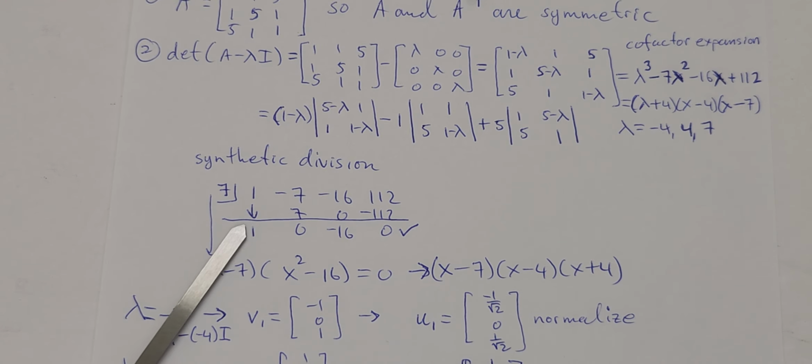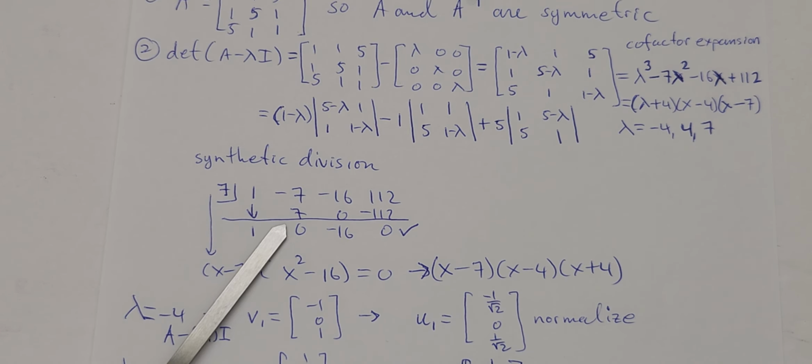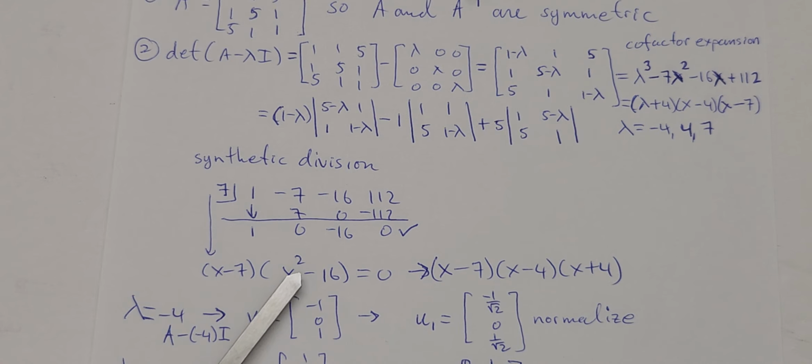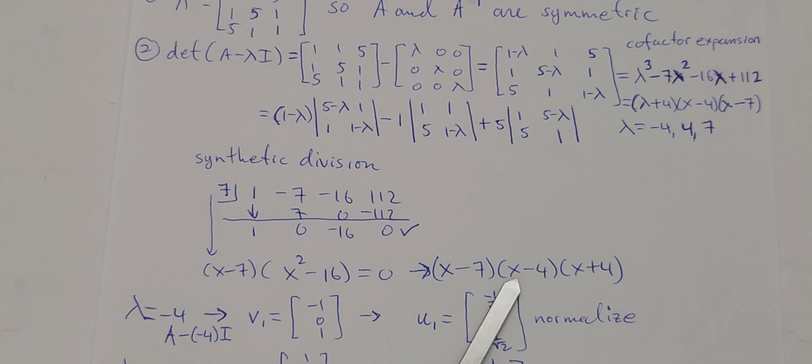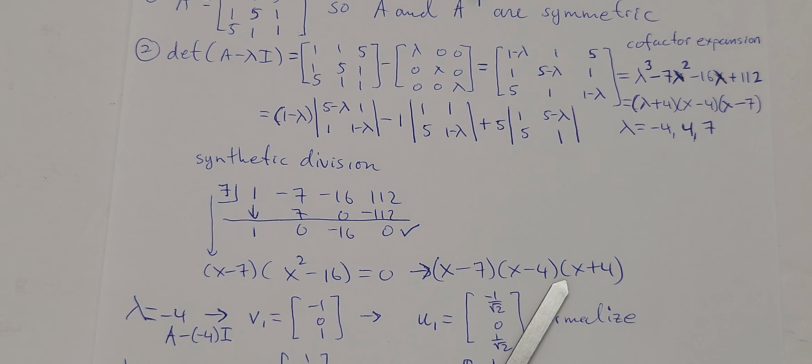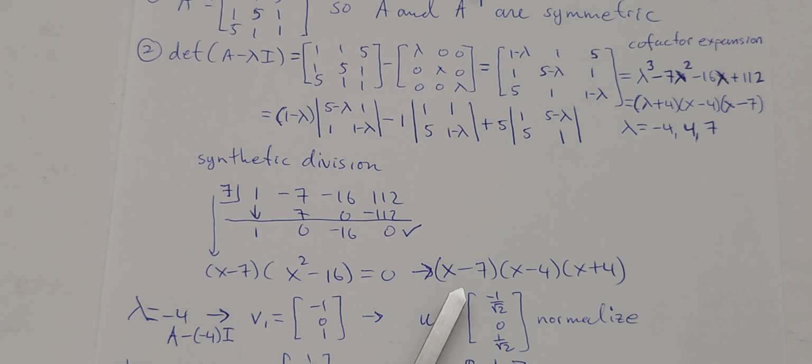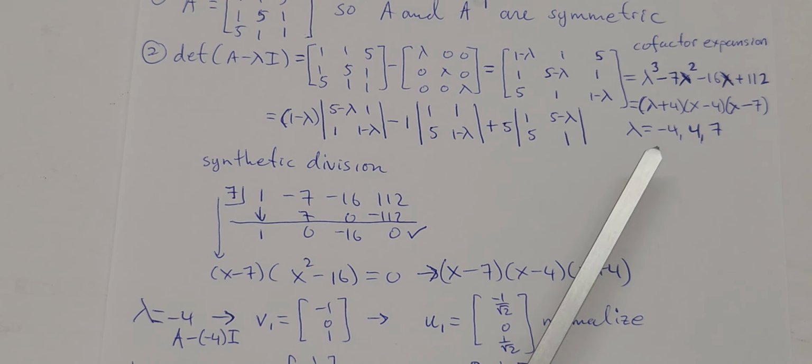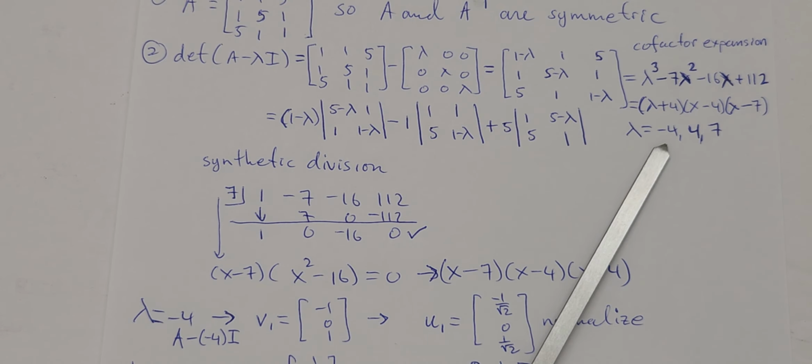Next, this right here will be your x squared, this right here will be 0, and then you have negative 16. The reason why I don't put a 0 here is because there's no point. After that, factor this out right here. The x squared minus 16 is just technically x minus 4, x plus 4. So these are our factors, and the opposite of that will become your eigenvalues, which I have up here.